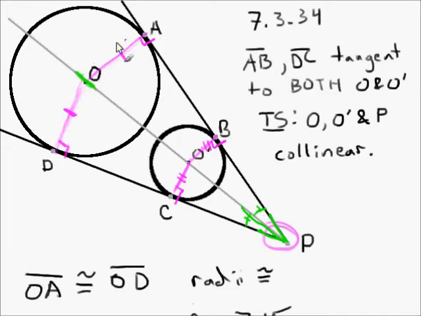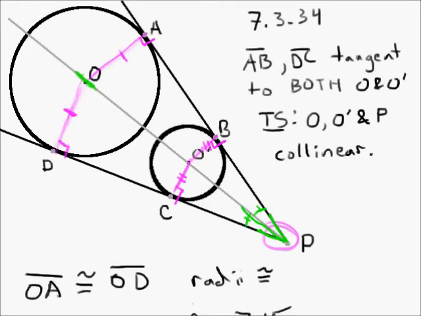Next, we're going to shift our focus from this big circle O to the little circle O prime. We've got the same setup here. I've got these two sides congruent. I've got right triangles. I've got CP, BP, tangent lines. They meet at a common point. BP is congruent to CP.